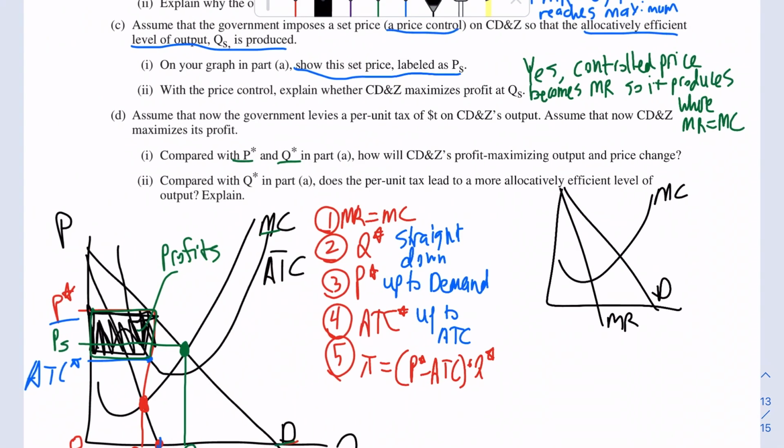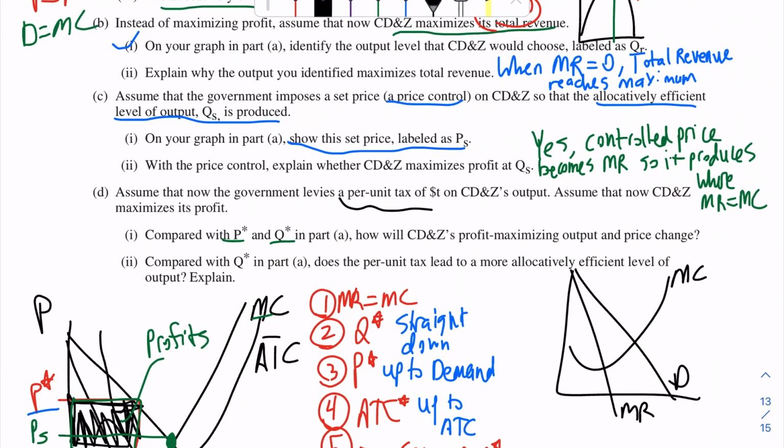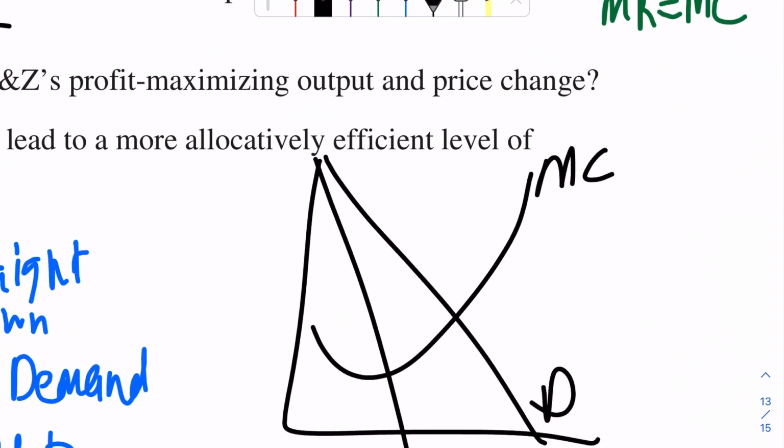Now, if it's a per unit tax, that changes every quantity. And if it changes every quantity, that's going to change your marginal cost, right? Because your cost of making one more unit changed, so your marginal cost will increase. So we are now going to be doing a higher marginal cost.